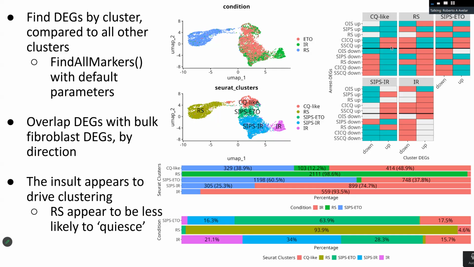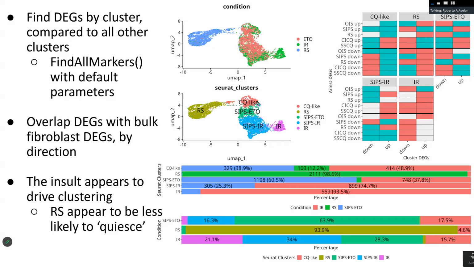But the only other really interesting pattern here is that the replicative senescence cluster seems to be upregulating the quiescence markers less than you would expect, whereas these stress-induced clusters are all upregulating these quiescent markers more than we would expect. So for whatever reason, part of the quiescent phenotype looks a bit more like these stress-induced phenotypes in this regard.